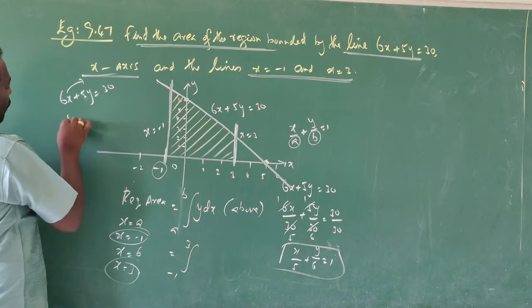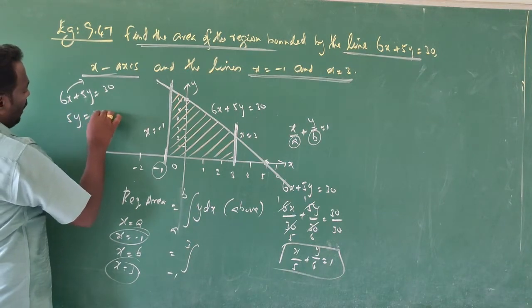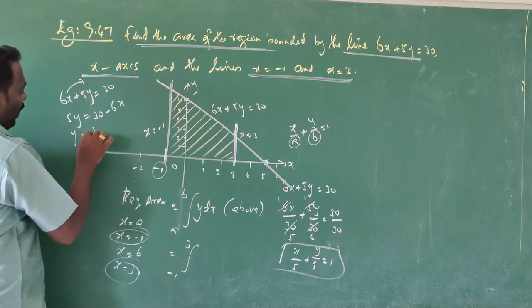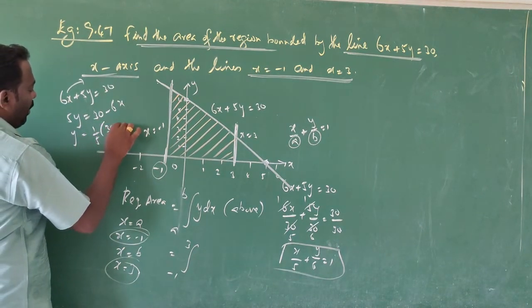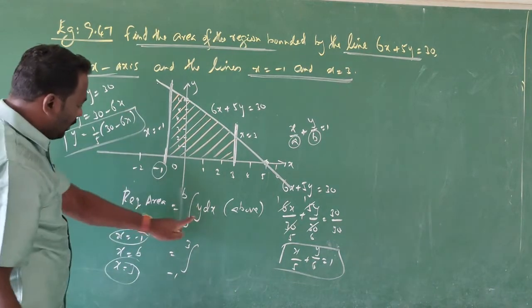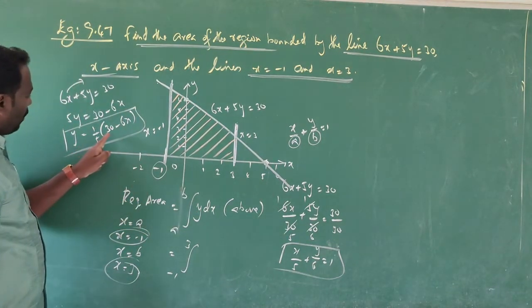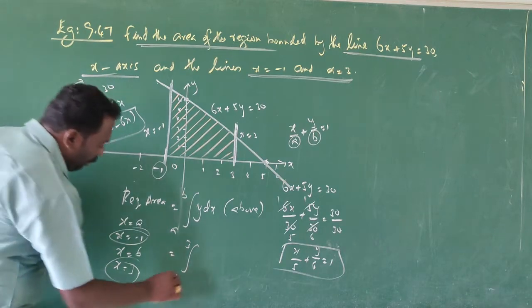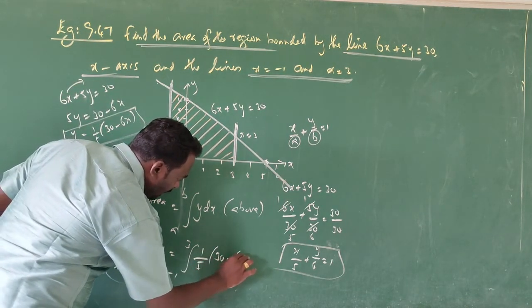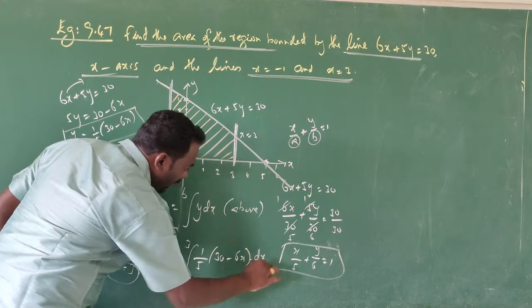Transfer the term: 5y is equal to 30 minus 6x. Therefore y equal to 1 by 5 into 30 minus 6x. Replace the y value: 1 by 5 into 30 minus 6x, into dx.